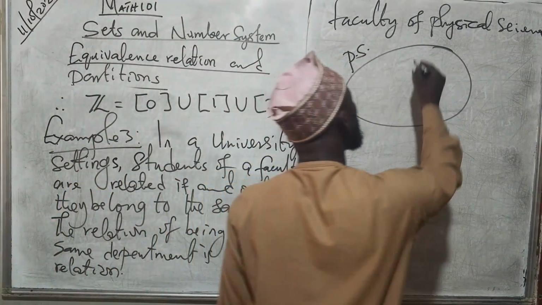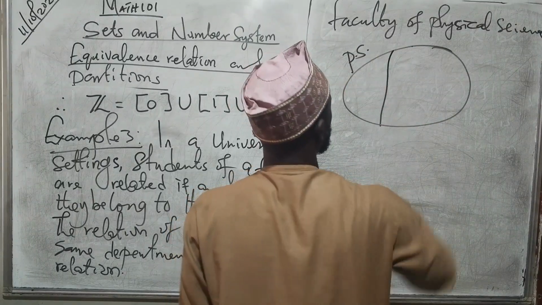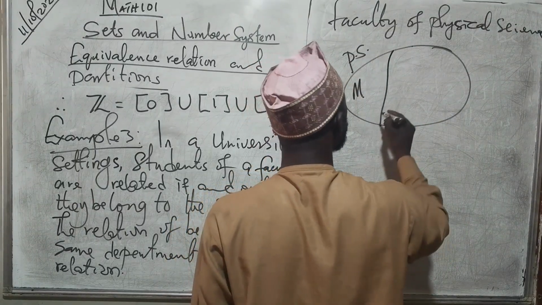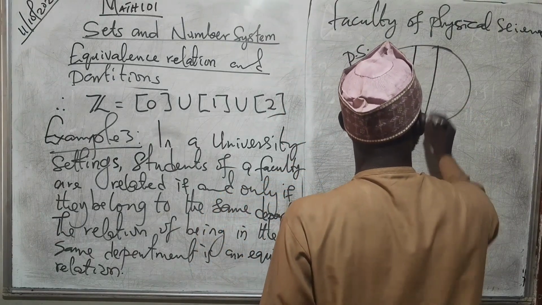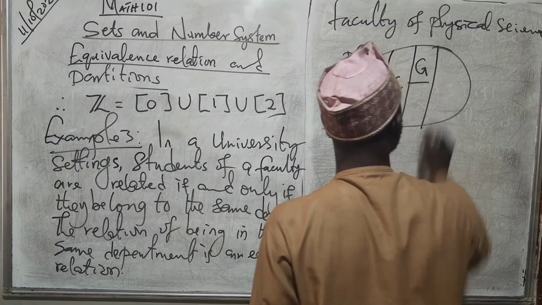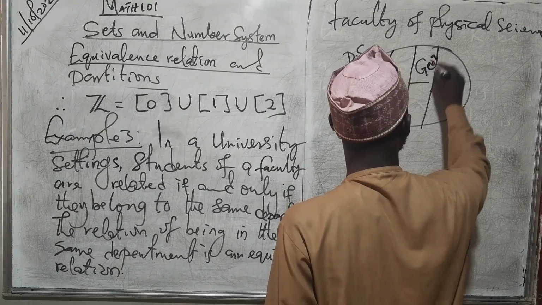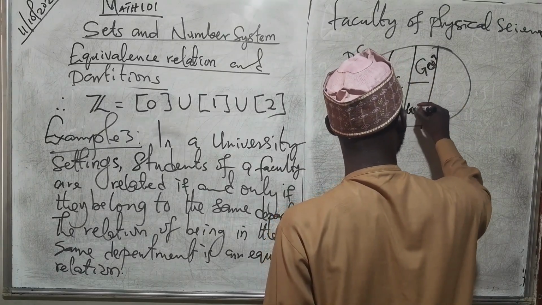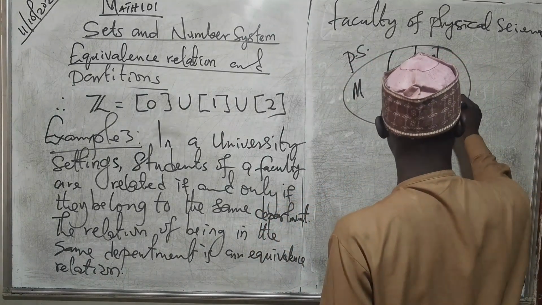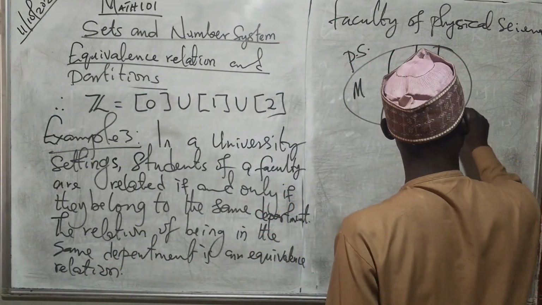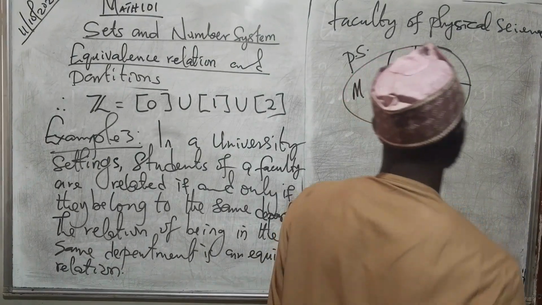So this faculty will be divided into, you see, you can have the mathematics department, you can have the chemistry department, you can have the geology department, and you have the physics department, and so on.